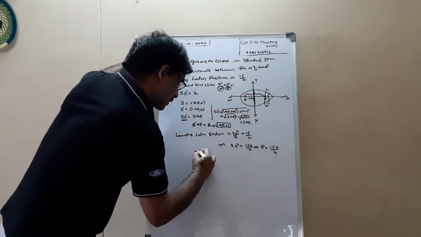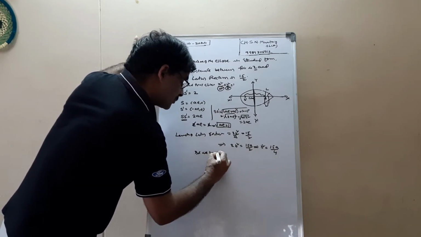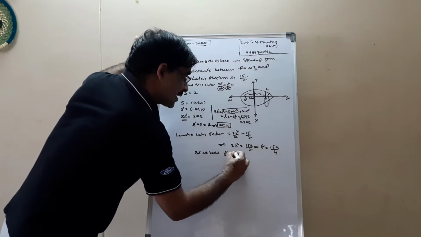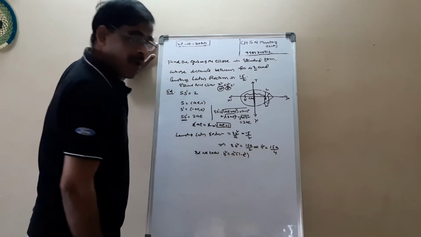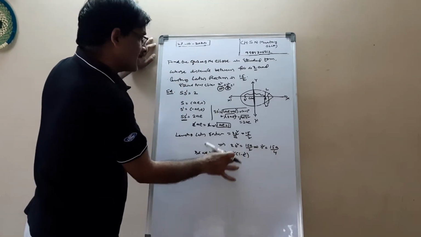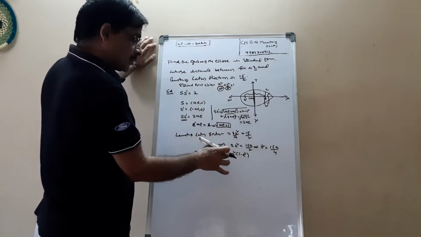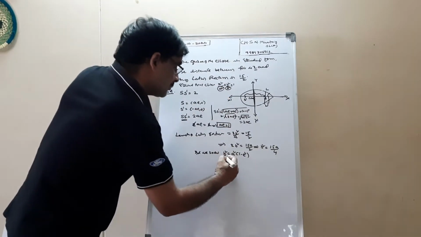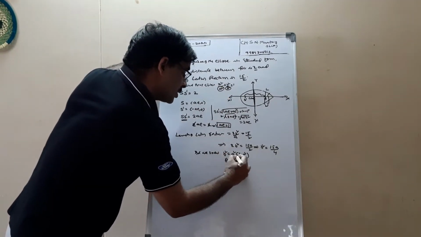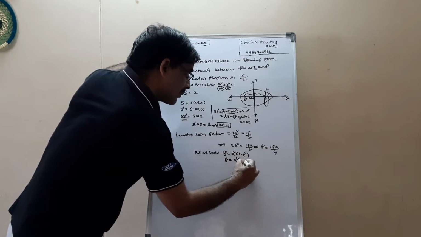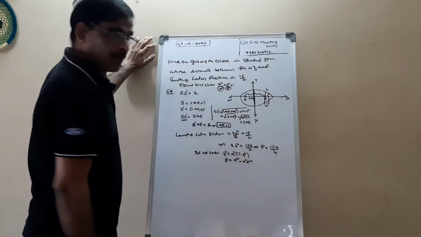We know b square equal to a square into (1 minus e square). We substitute this in place of b square. What happened? b square equal to a square into (1 minus e square), that is a square minus a square e square.